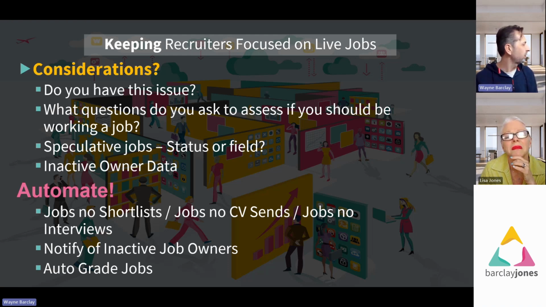I've mentioned inactive owners. There are a couple of clients that use grading to help the recruiters. I was speaking to a long-term client yesterday about this as well. The classic one is ABC. You may have some killer questions in there, which give you a grade from A1 or A10 down to C1, which would indicate rubbish up to we should really be working on these. You can get automation to auto grade.